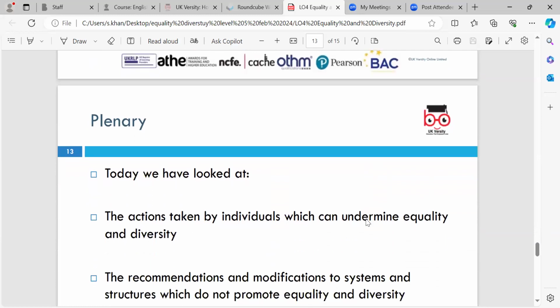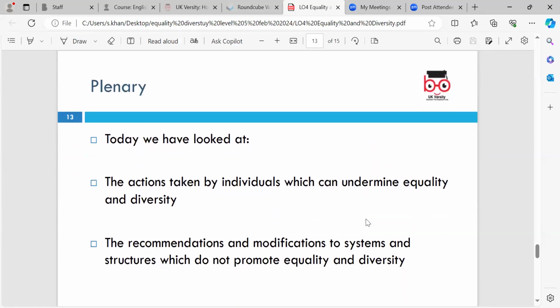So today we've looked at the actions taken by individuals which can undermine equality and diversity. We've looked at stereotyping. We've also looked at bullying and harassment within the workplace, and how that can impact on individuals, but also how it can impact on students, because that's a big thing.